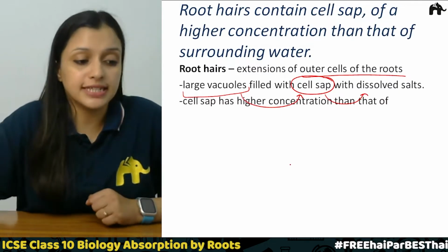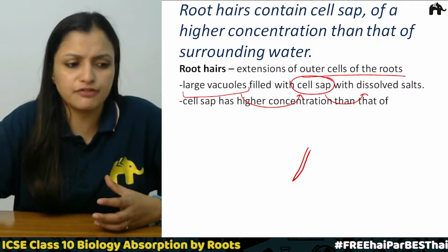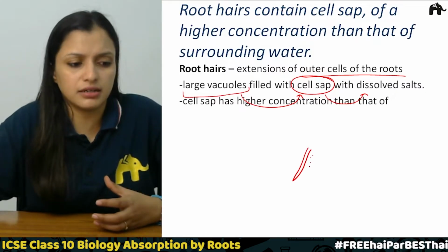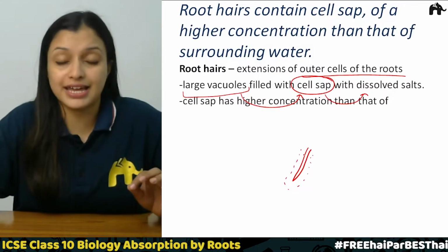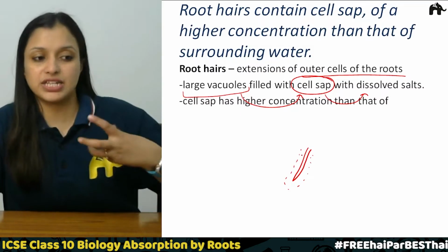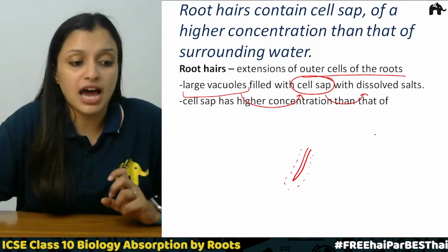So now see, if this is a root hair, and this will be the surrounding water, right? Now this root hair has these extensions of the outer cells of the roots. Now they have the large vacuole.